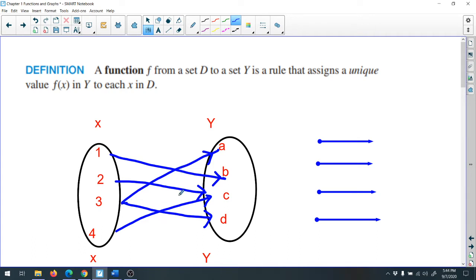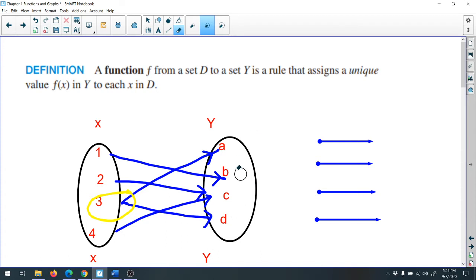If you look at every member of X, 1 participated once, 2 participated once, 3 participated more than one time. It's not unique, so it's out of our definition for the function. So this is disqualified to be a function. This is not a function.